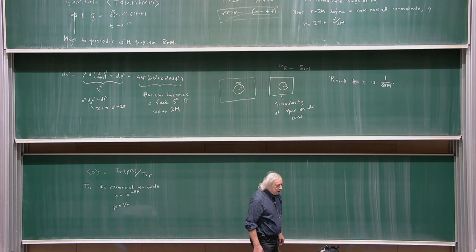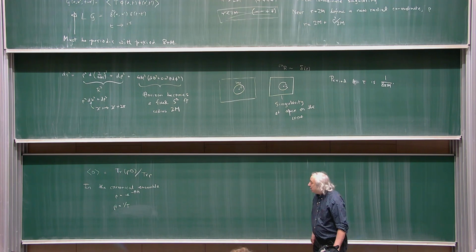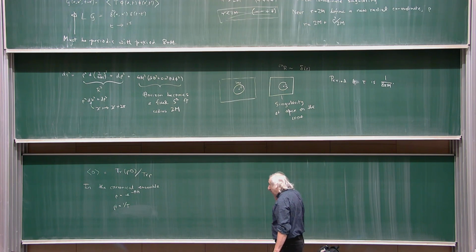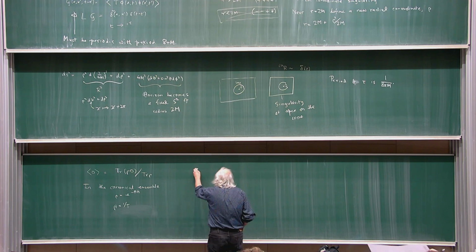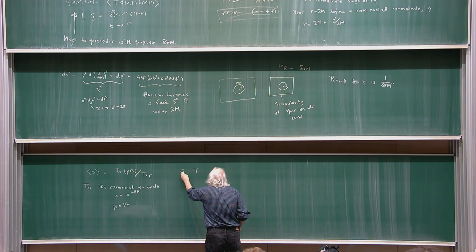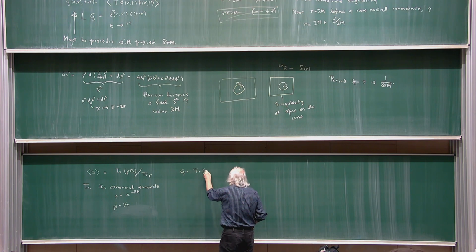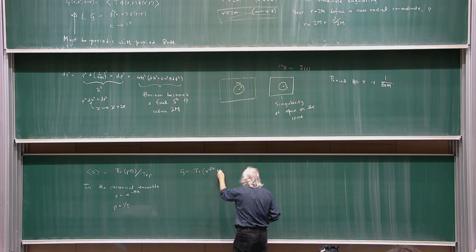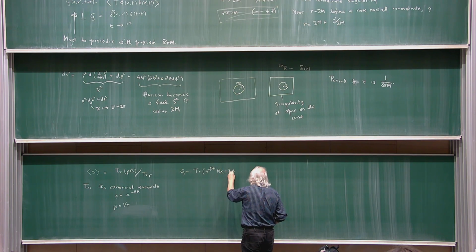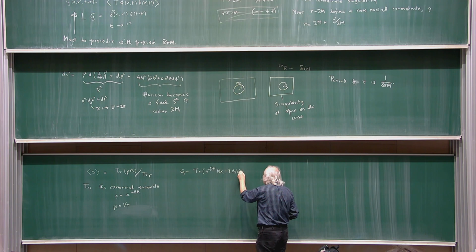So let's consider what happens if you calculate a Green's function in such an ensemble. It's going to look something like the trace of e to the minus beta h, phi of x and t, phi of x prime and t prime.